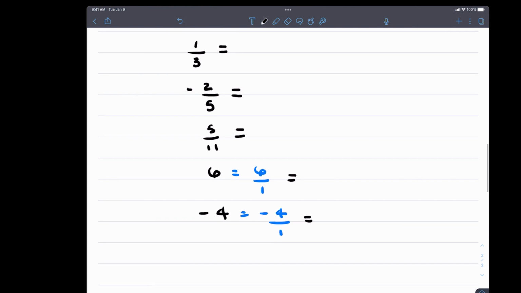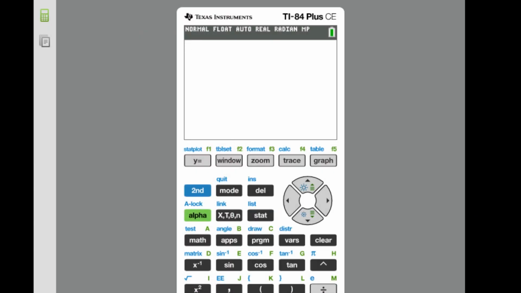So if I take 1 divided by 3, right? I'm going to go to the TI now. Now, I can do my division. But 1 divided by 3. I want to show you guys something. What do you guys see there? Yeah, you get 0.3333. And this goes on how?